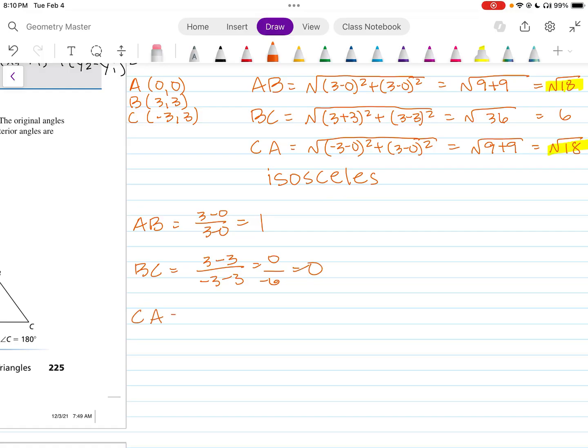And then the slope of CA is 3 minus 0 over -3 minus 0, which is 3 over -3, which is -1. And I see that 1 and -1 are negative reciprocals. So yes, this is a right triangle.